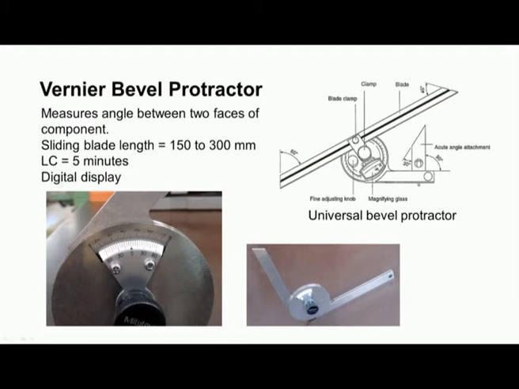There is a magnifying lens for easy reading, and there is a fine adjustment knob for proper adjustment of the blades, and this is the clamp to clamp the blade to the body. So, with these additional attachments, the simple bevel protractor is called the universal bevel protractor.